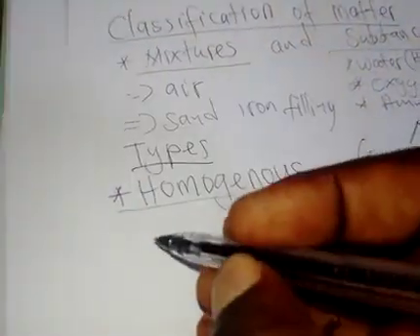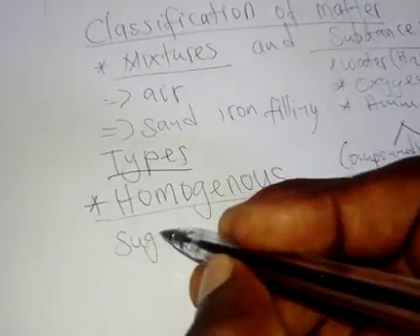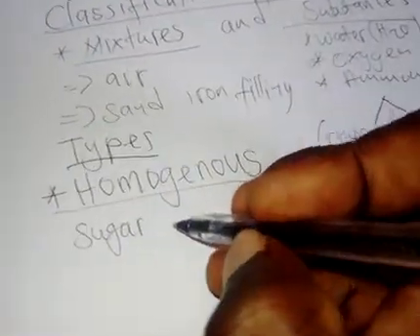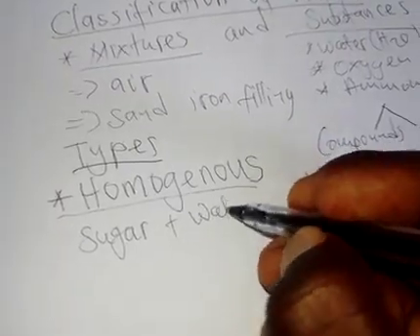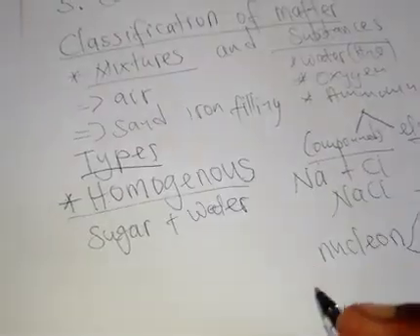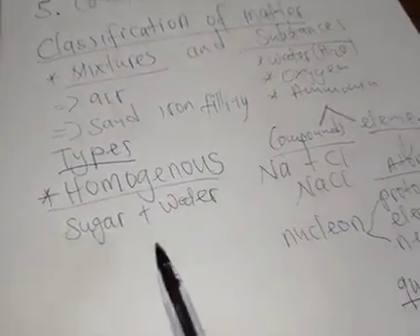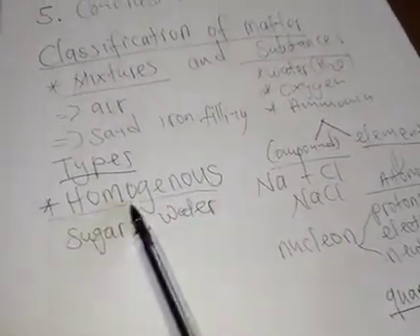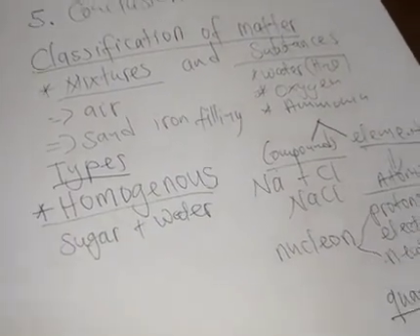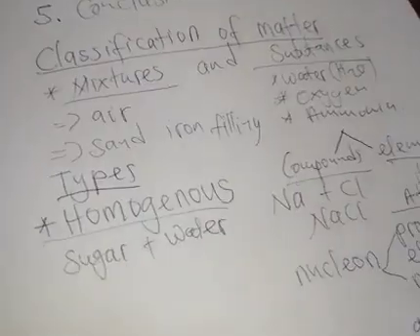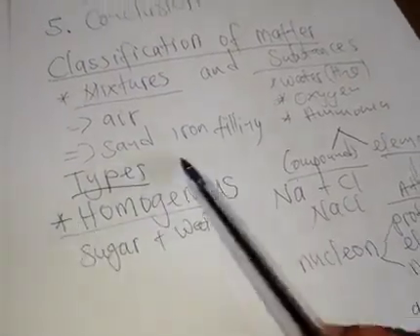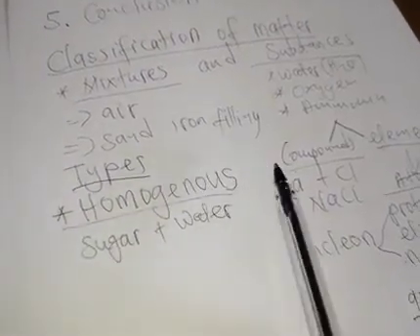For example, if you get sugar and water, you dissolve sugar in water, you see that sugar will completely dissolve in water. You won't be able to see, no, here we have sugar, there is water. No. So such a mixture is called a homogeneous mixture.